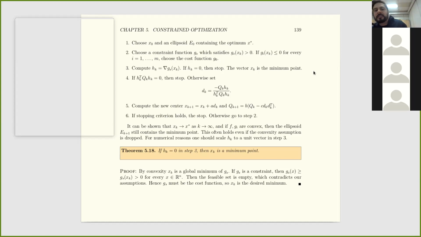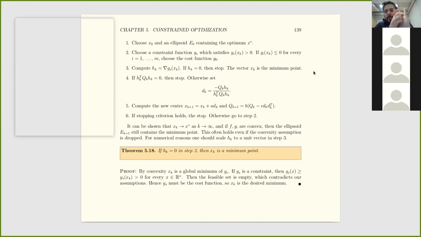And our a is now the step length. If the center of the ellipsoid was violating one of the constraints, this d_k points towards the feasible region, and a, which is now our parameter, gives a step length. We're moving the center of the ellipsoid towards the feasible region.